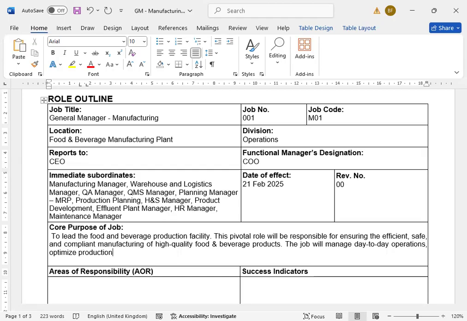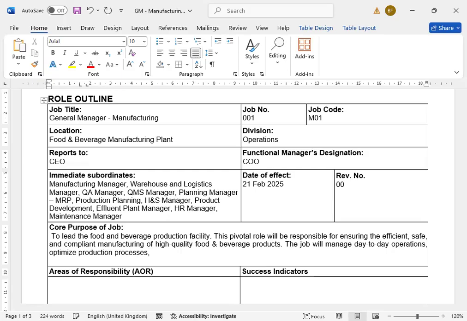So optimize production processes, right? So it would be processes only. That's it.